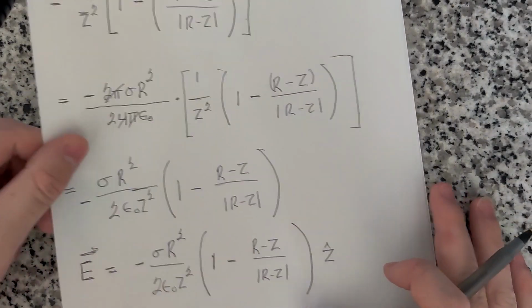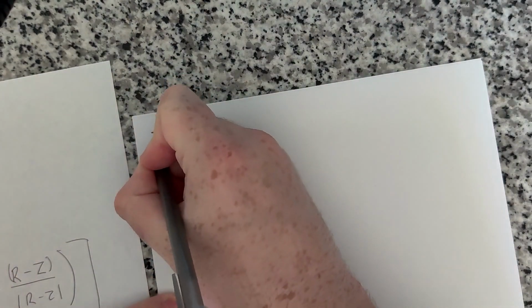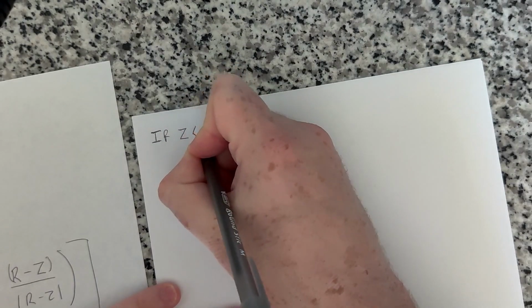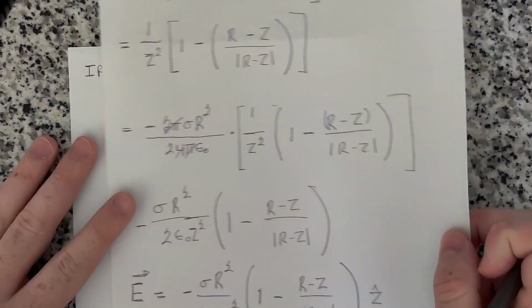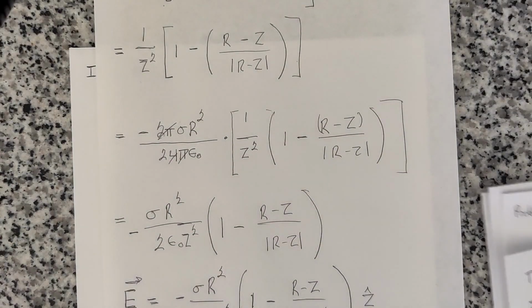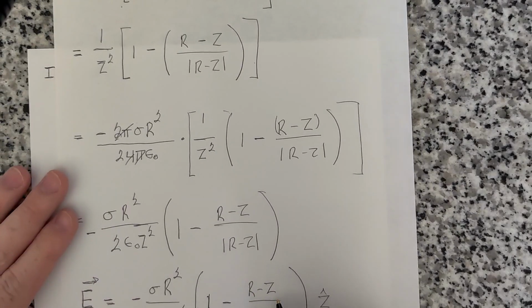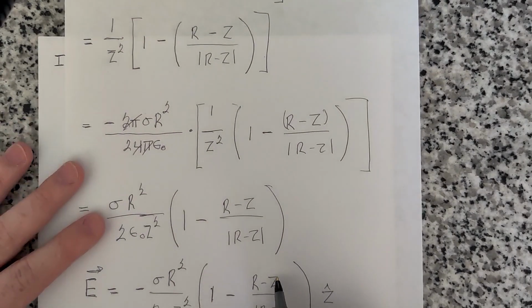So if z is less than r, so what we have is r minus z. So z is less than r.